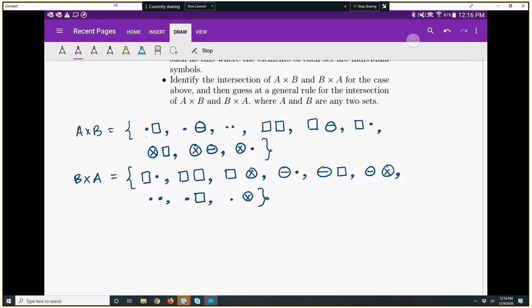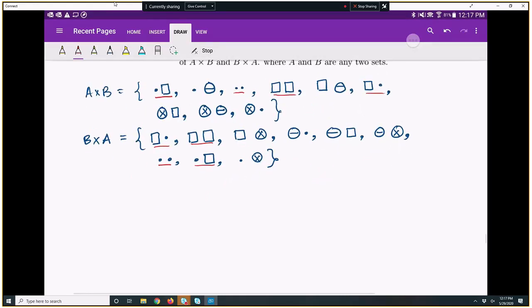So looking through these sets, I definitely see that they have some things in common. Dot square, dot dot, square square, square dot. So all of those things are the same. And we remember that for the other elements, the order matters. They would be ordered pairs. We just dropped those parentheses.